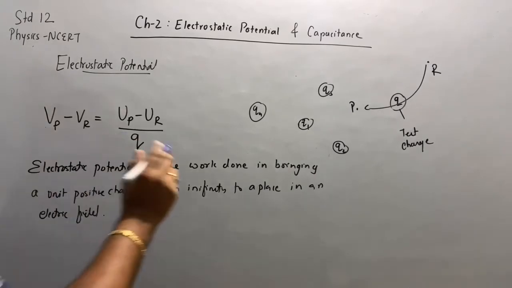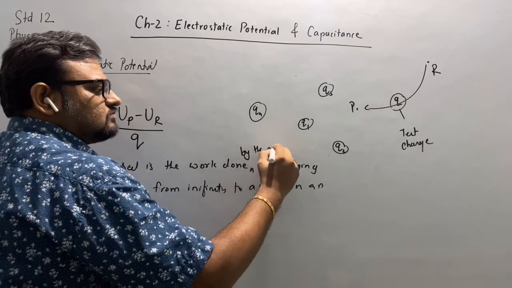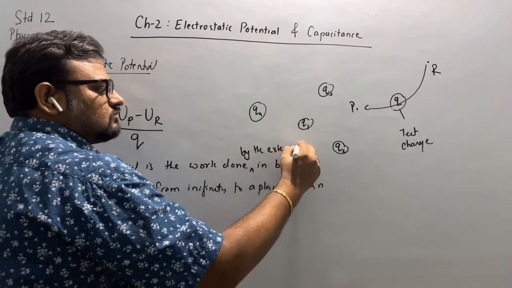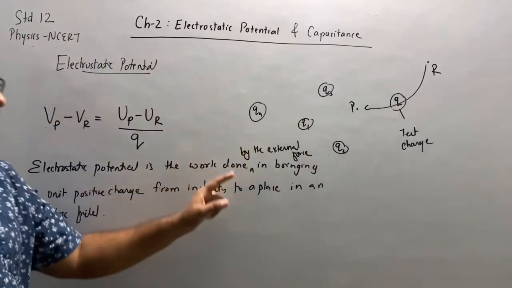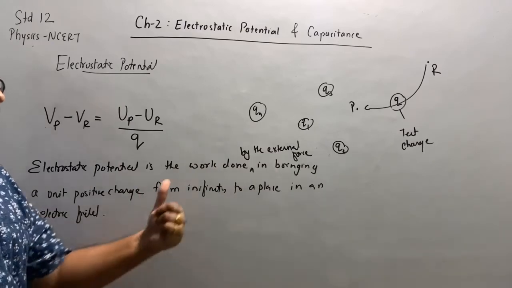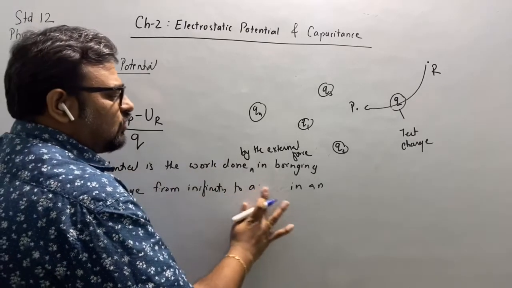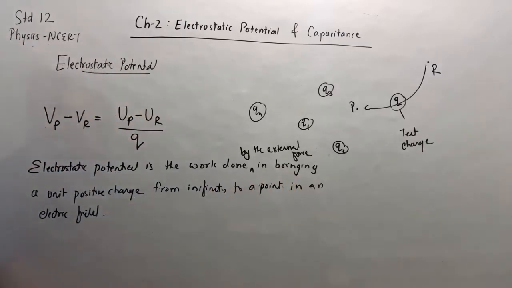Remember, it's work done by the external force. It's the work done by the external force in bringing a unit positive charge from infinity to a point in an electric field, that is electrostatic potential. So note down this definition.